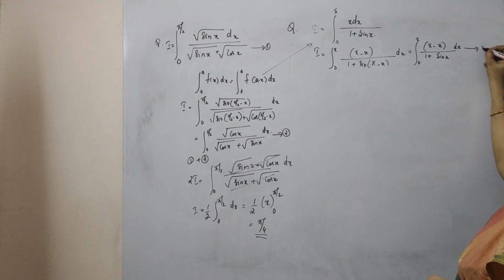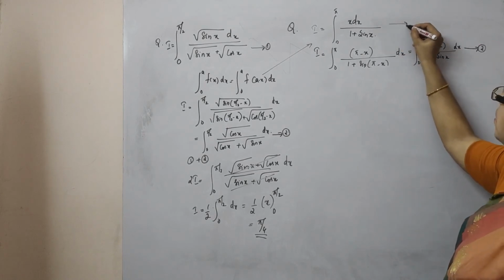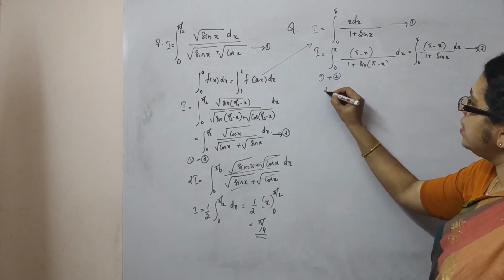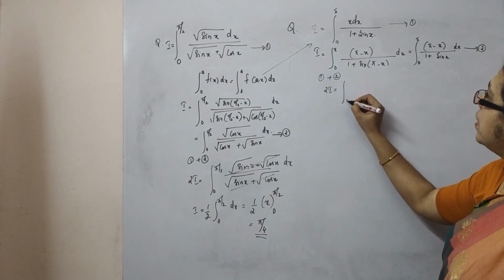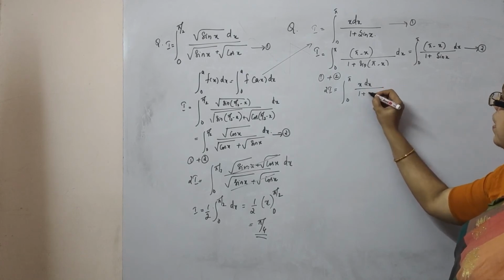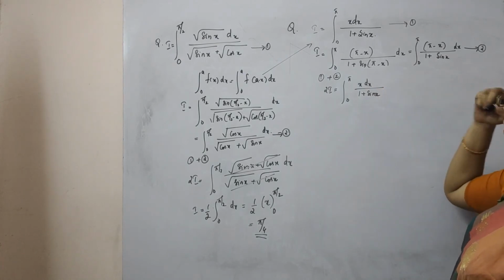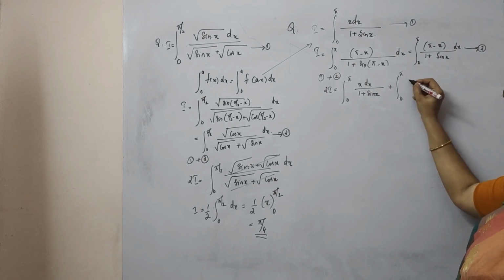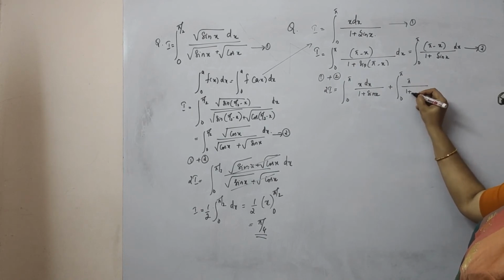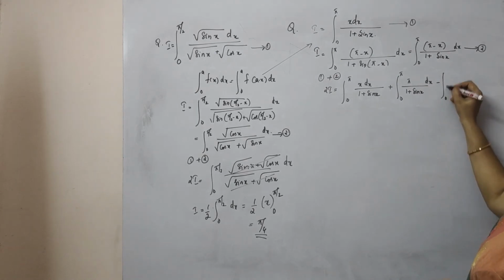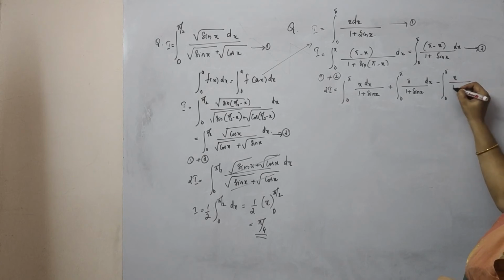So let this be equation number 2 and let this be equation number 1. So 1 plus 2, I get 2I is equal to integral 0 to pi of x dx by 1 plus sin x plus integral 0 to pi of pi by 1 plus sin x into dx minus integral 0 to pi of x by 1 plus sin x into dx.